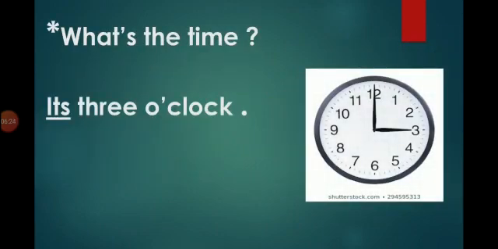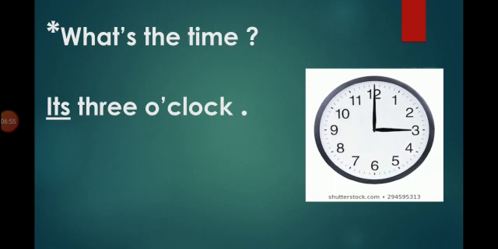When anyone asks you what's the time, at first you look at the picture. I see that the big hand is on the 12, that means exactly three o'clock. The second thing I can do is put it at the beginning of the sentence.